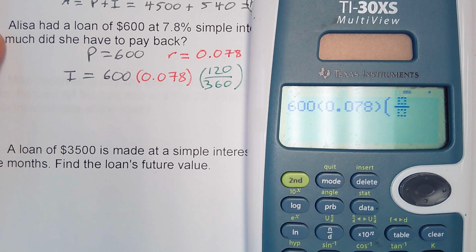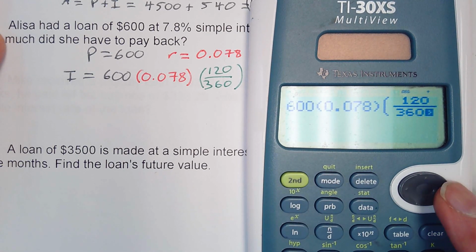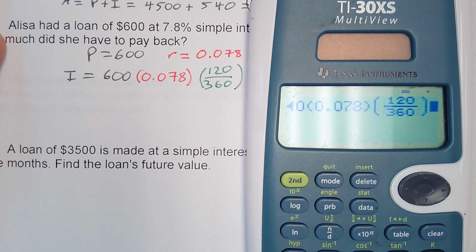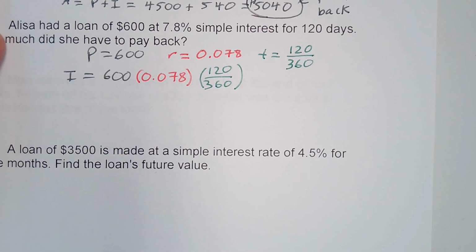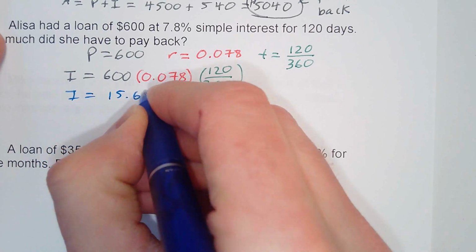Now I'm going to do 120 over 360. I'm going to hit my right arrow key to get out from that denominator, close off the parentheses, enter. So that's 15.6. We're talking about money, so that's $15.60.